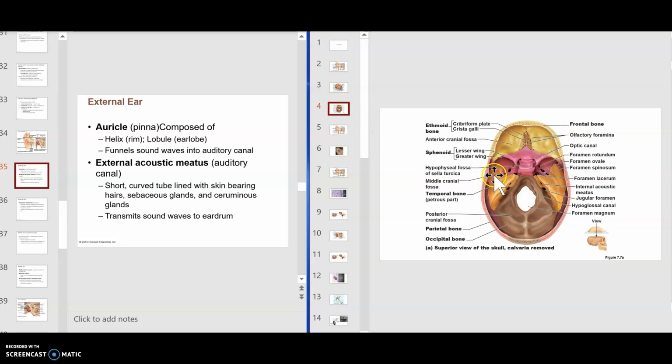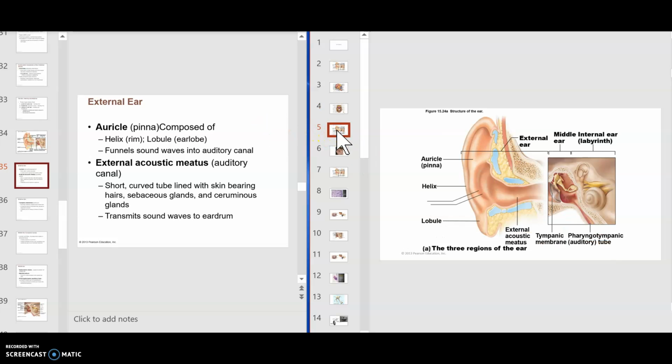Here's the temporal bone and all of the ear components, because right here is the internal acoustic meatus, and that's where cranial nerve 8, the vestibulocochlear nerve, will go into the brain. Your ear is being protected under this right here, which we'll call the petrous ridge of the temporal bone. The internal ear and middle ear area are all being protected. So I wanted to show you that.